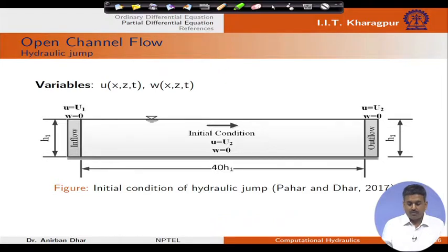and open channel flow, in this case U, W, these two are our variables.